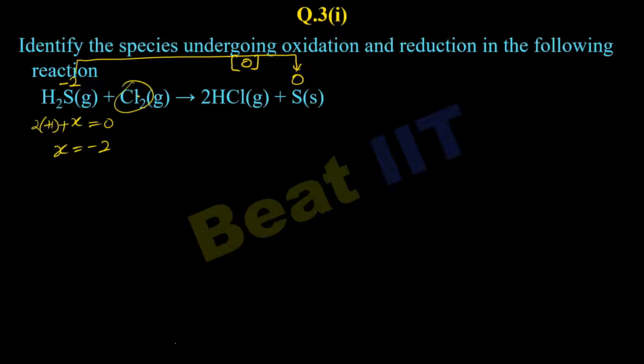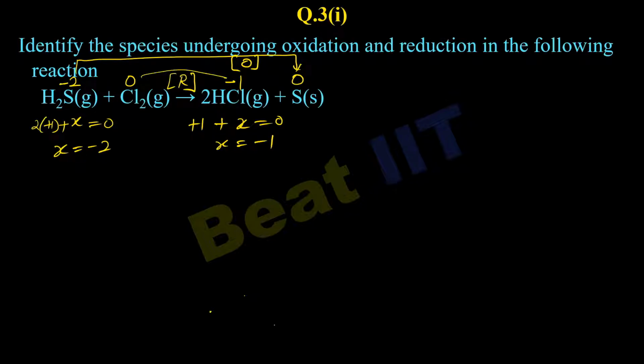Now consider this part, chlorine and chlorine. In all free forms the oxidation state is 0. Here oxidation state of chlorine, say it is X. Hydrogen has oxidation state +1. So +1 plus X will be 0. X will be -1. Here oxidation state of chlorine is -1. 0 to -1 it is decrease. It means this is reduction.